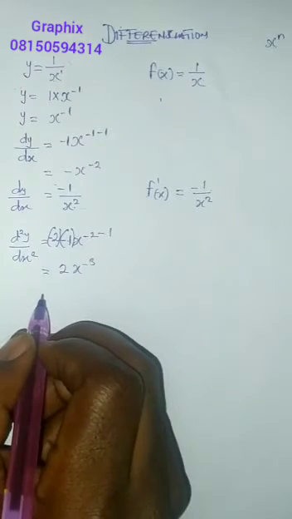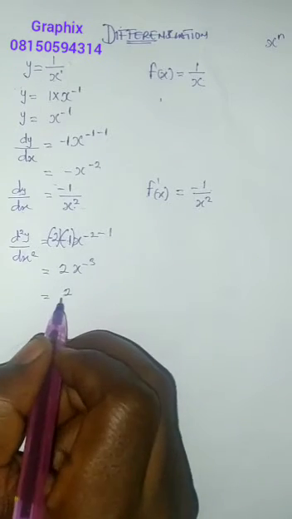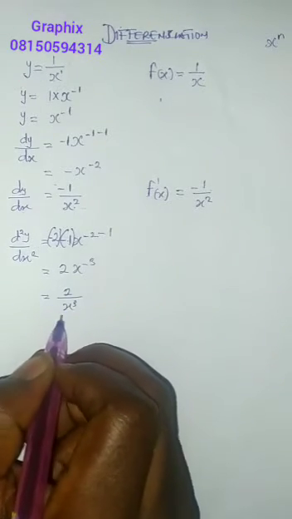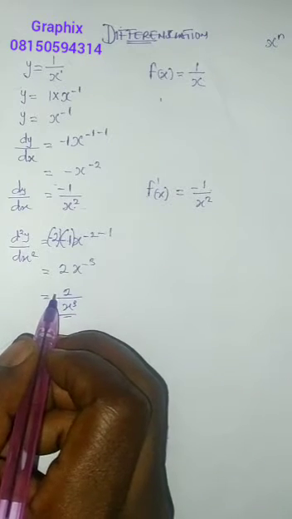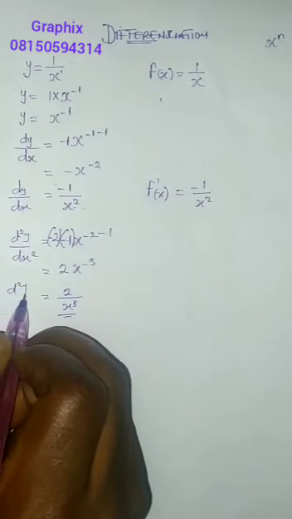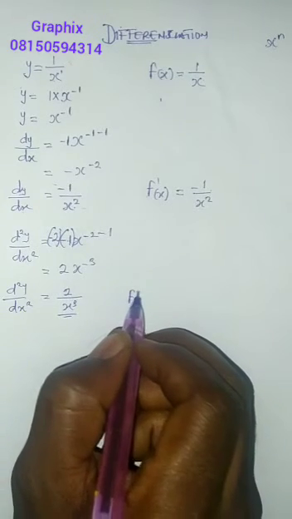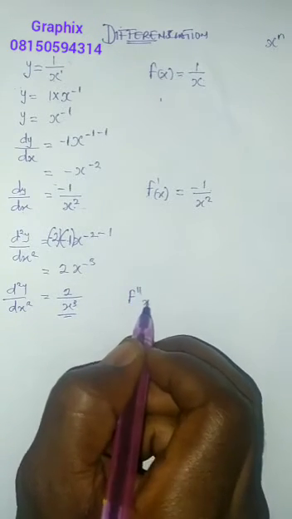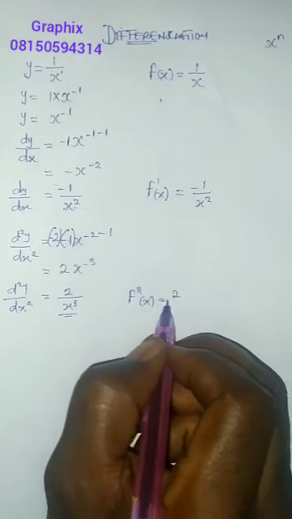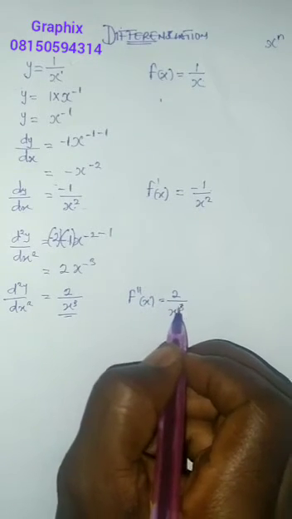Right? So if I want to rewrite this, it is 2 all over x cubed. So this is my d squared y over dx squared. Or I can easily say f double prime of x is equals to 2 over x cubed.